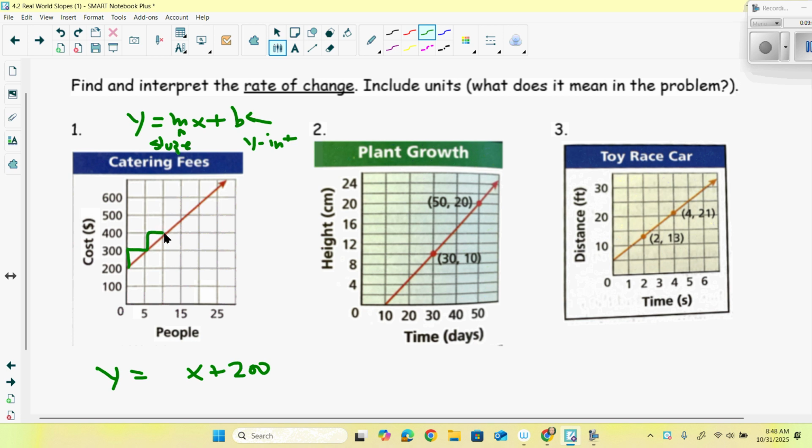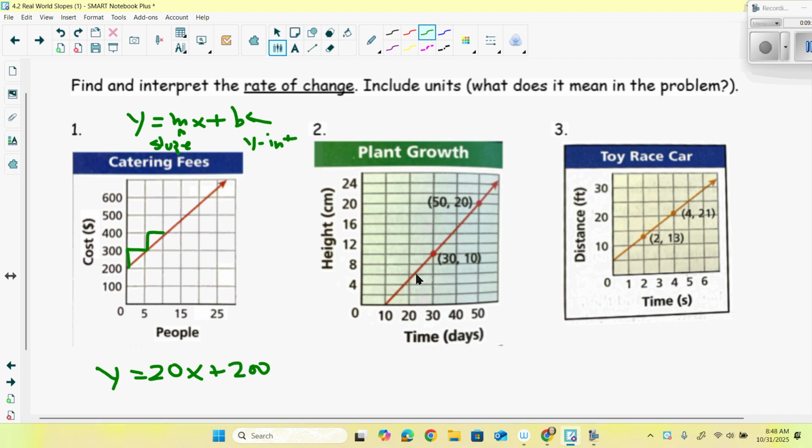I could write these as points, 0, 200 and 5, 300. And what I get is 100 divided by 5, well, that reduces to 20. So we would say that the catering fees have a cost per person of $20. So it's $20 per one person, and $200 they must charge you for a setup or something.